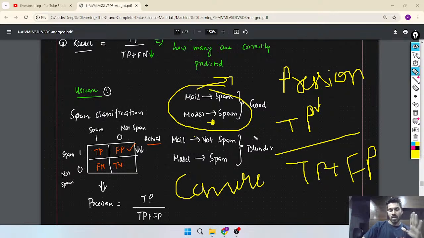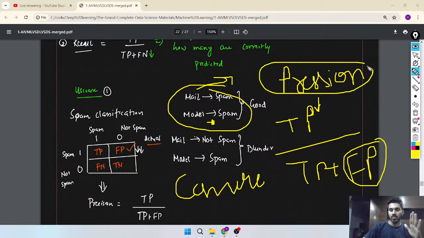Listen carefully now. I focus on only this word. If you are finding precision, then focus only on the words false positive. If the false positive is important, then calculate precision. If the false negative is important, then recall is important.